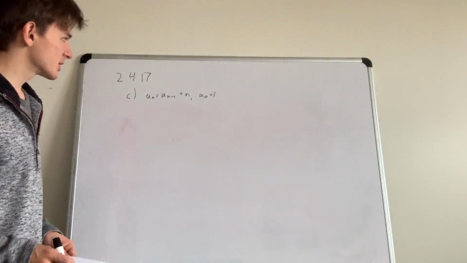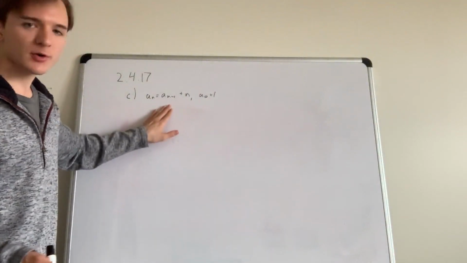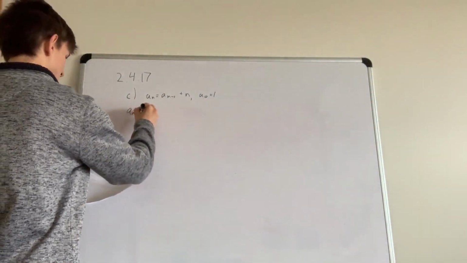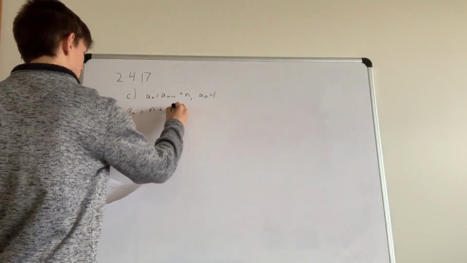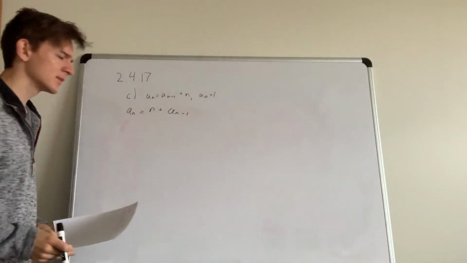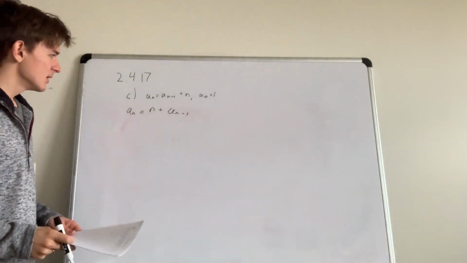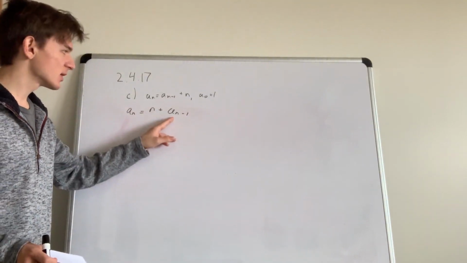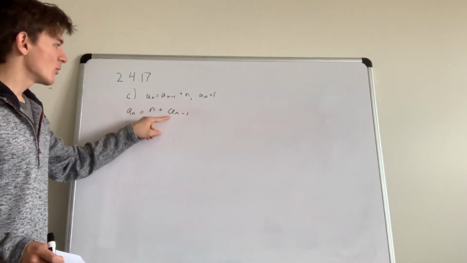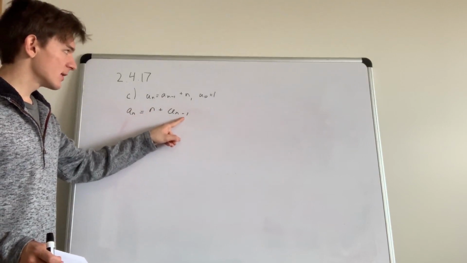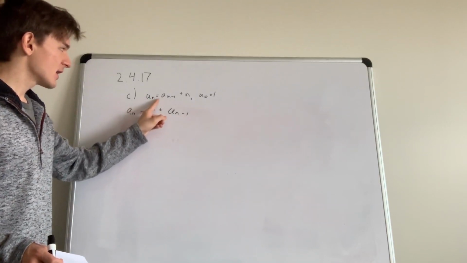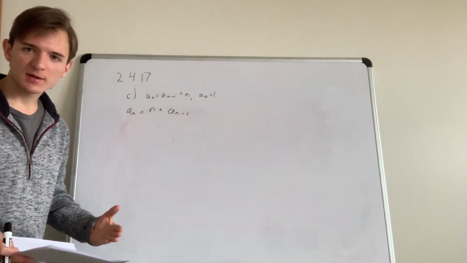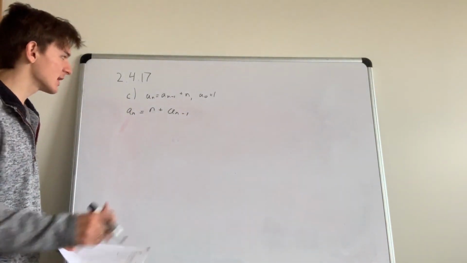We're given an initial condition, and we're given the recursion relation as well. So we have a of n. A of n is just n plus a of n minus 1. And we see that it only depends on the previous value in our sequence. So let's replace a of n minus 1 with a of n, where every n is replaced with n minus 1. So what does that look like?